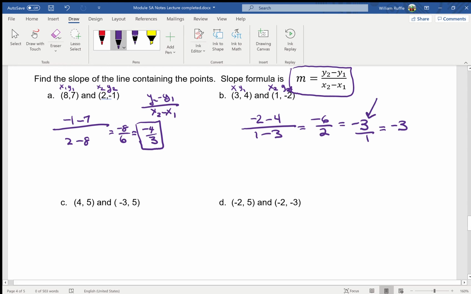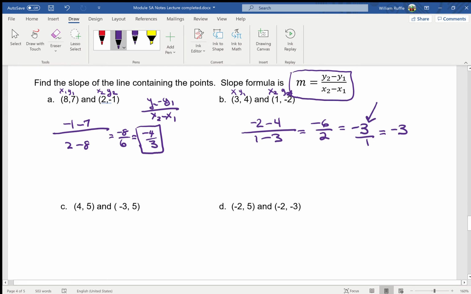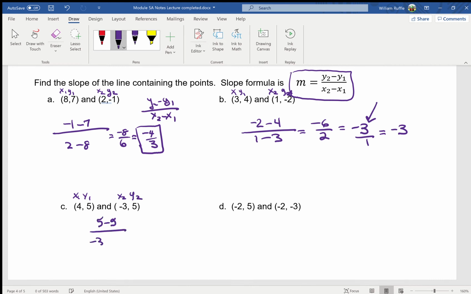The next one here, we have y2 minus y1. So again, this is x1, y1, x2, y2. So it's going to be 5 minus 5 over negative 3 minus 4, which is 0 over negative 7. 0 over anything is just 0. Now I do want you to notice the two y values are not changing.